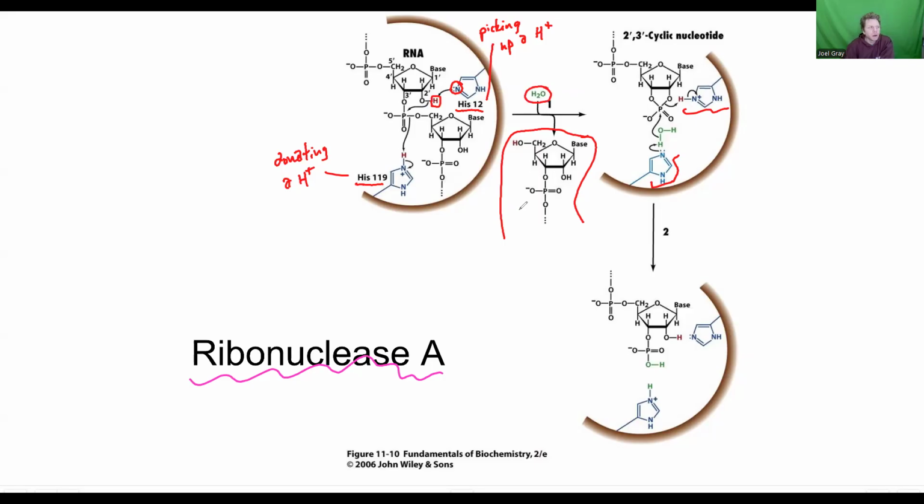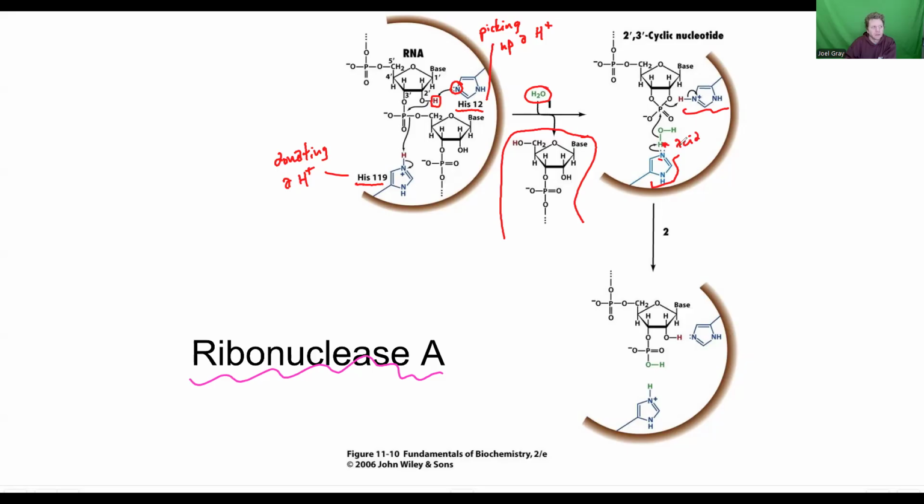So we've broken our bond, and now water is coming in. What's water doing? The water is donating a proton to our nitrogen, and then this OH is going to our substrate. So water, by donating a proton right here, you could say it's acting as an acid.